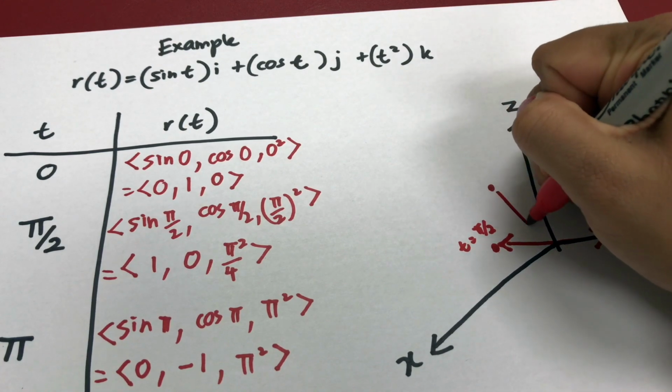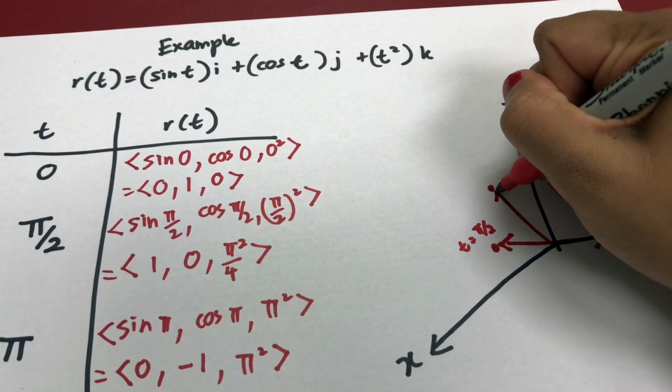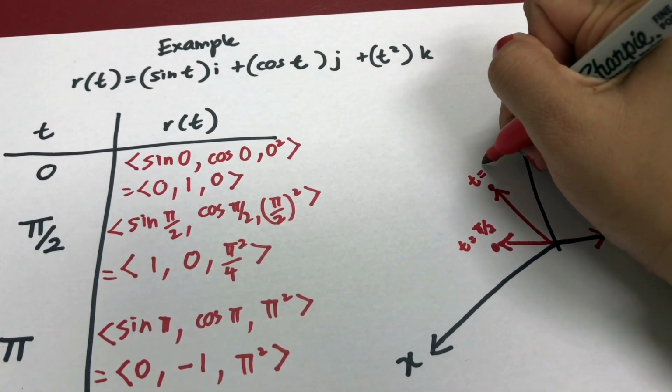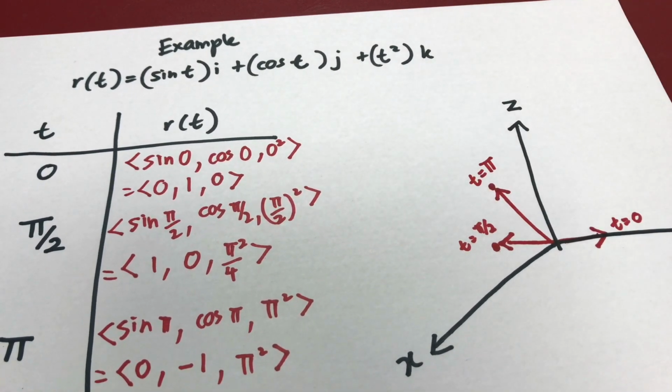So this is our final vector. t is equal to pi. We only have 3 values as a domain because this is simply an example, but the domain would be a set of many numbers, an infinite value of numbers.